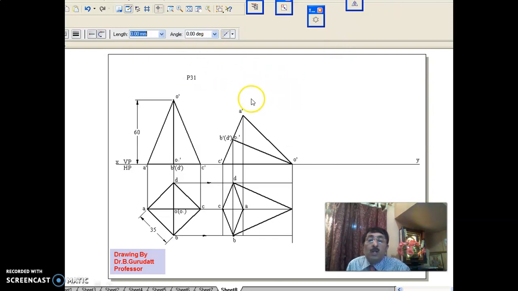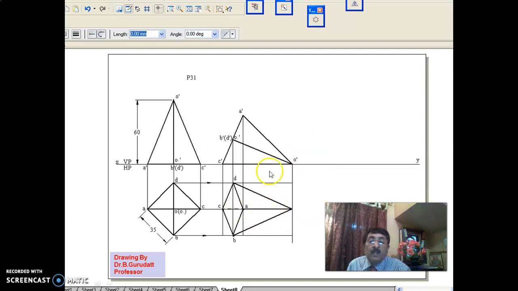2 more edges are, one is AO, and another is CO. Since AO is nearer, we darken AO. And since CO is far away, we make CO dark dotted. But CO, though it is invisible, you can show invisibility only up to A. Beyond that, it is invisible, merged with AO.